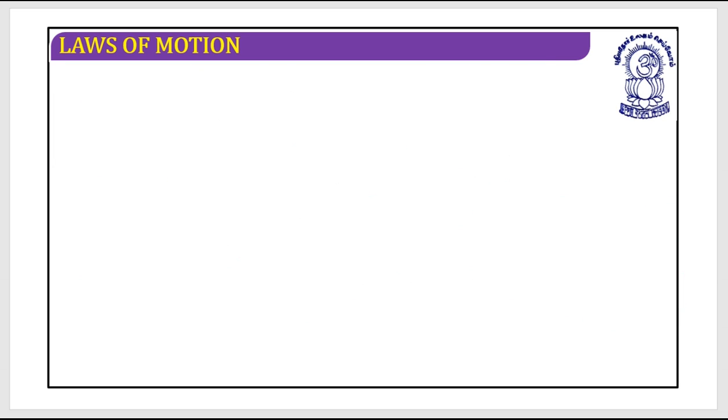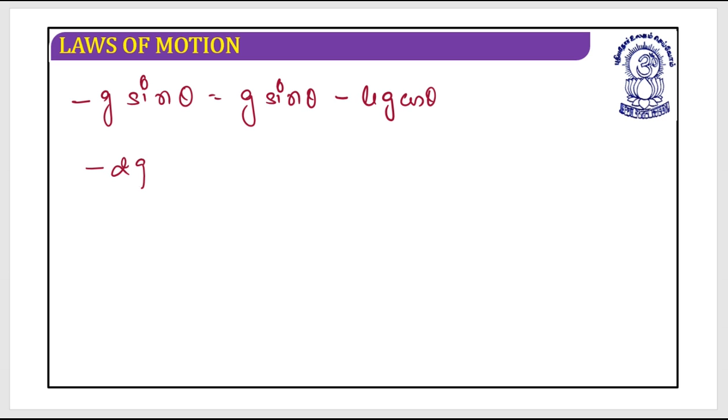So this is the situation: minus G sine theta should be equal to G sine theta minus mu G cos theta. So minus 2G sine theta should be equal to minus mu G cos theta.